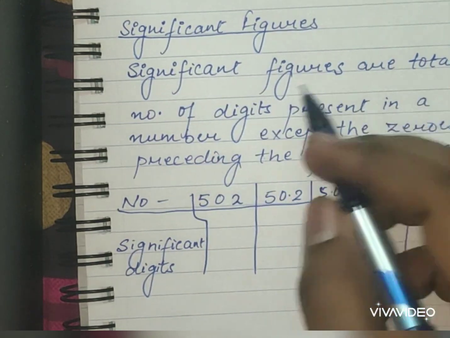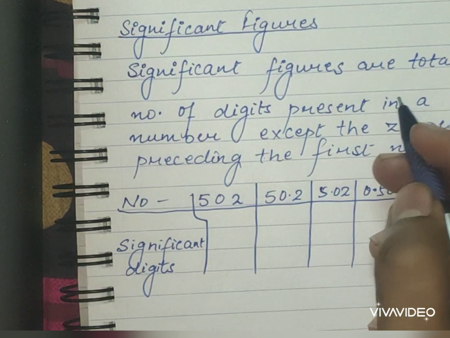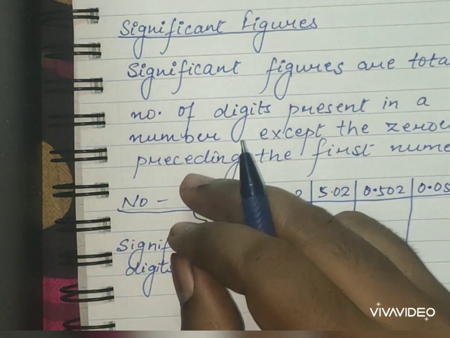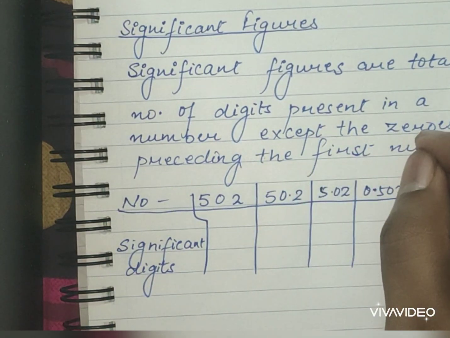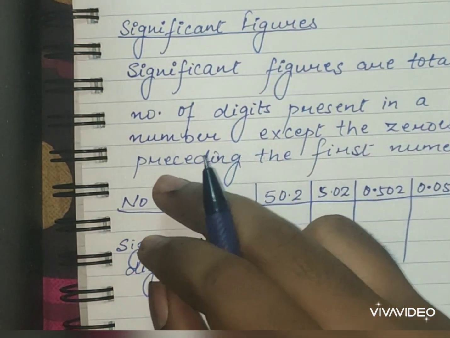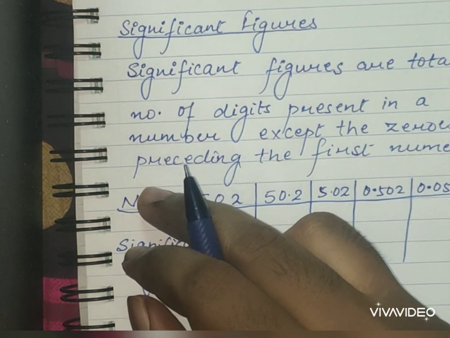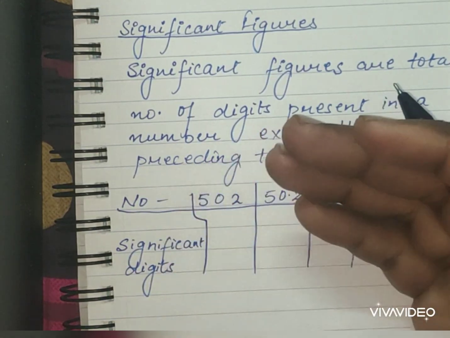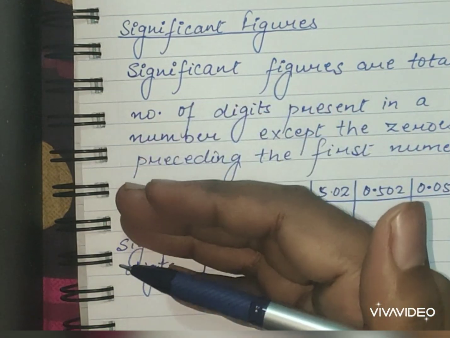Significant figures are the total number of digits present in a number except the zeros preceding the first numeral. This means a zero will not be considered if it comes before any number.